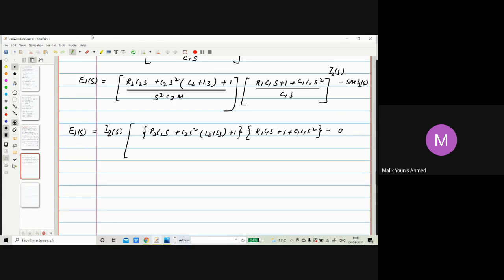Sorry, C1 C2 M square. One of the s will get cancelled, so it will be M square s. Okay, we can keep it like this for this step.